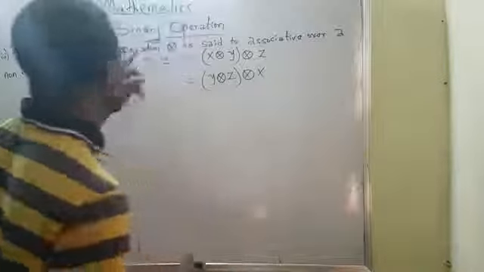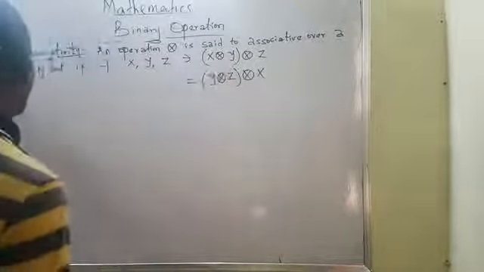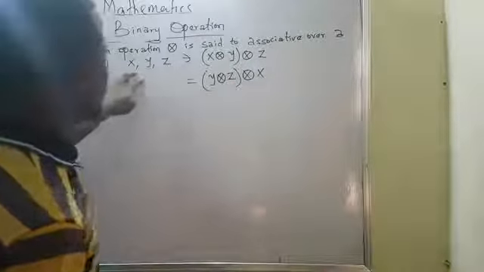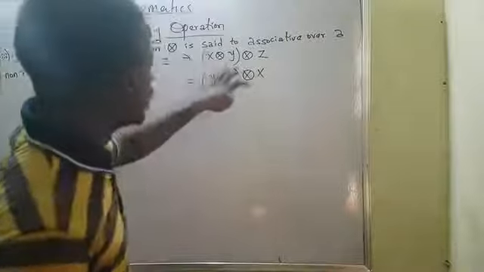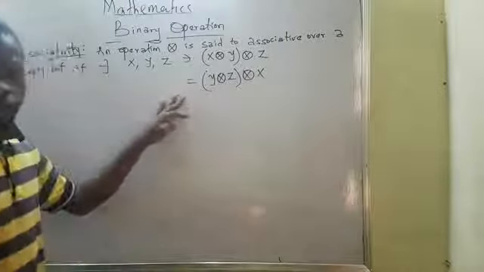So if an operation is said to be associative over a set, if there are x, y, z such that this is equals to this.